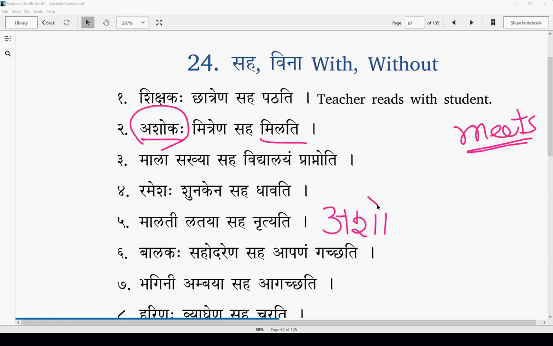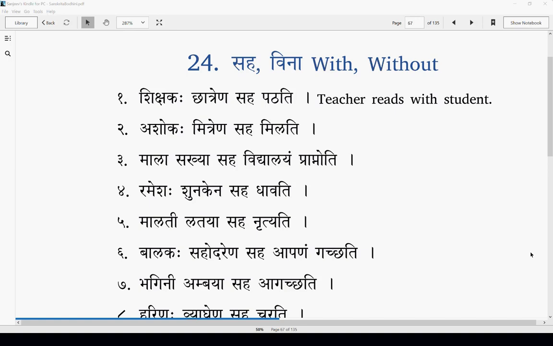It should be mitrena saha. Ashokaha mitram milati, Ashokaha balakam milati, all that Dvitiya should not be used. It should be like with saha, mitrena saha milati.